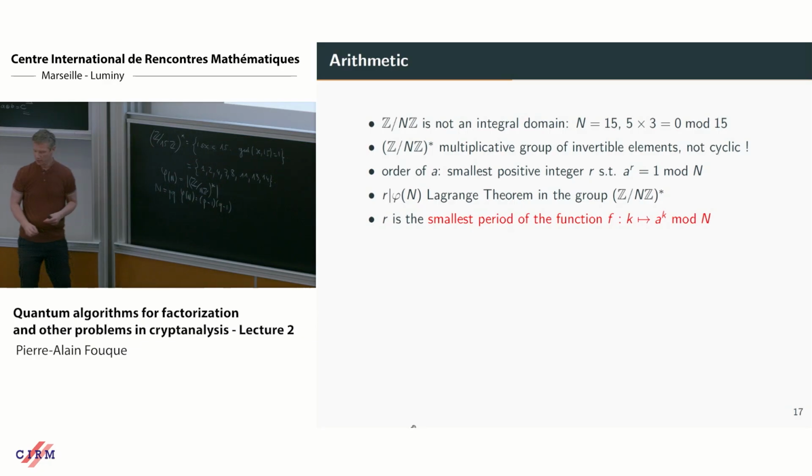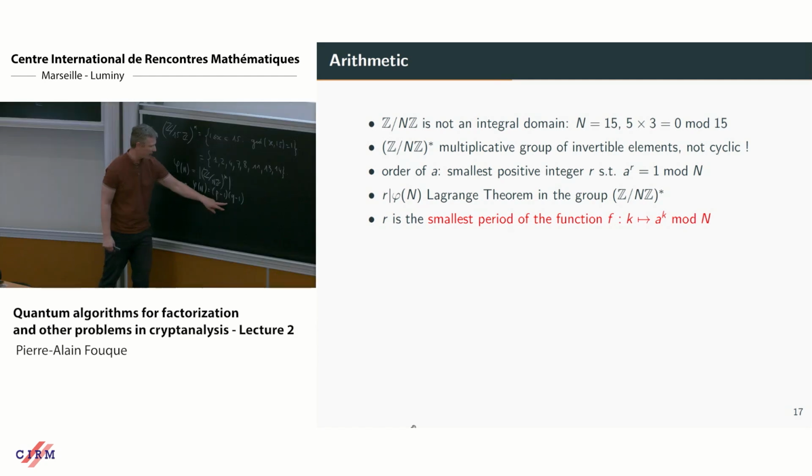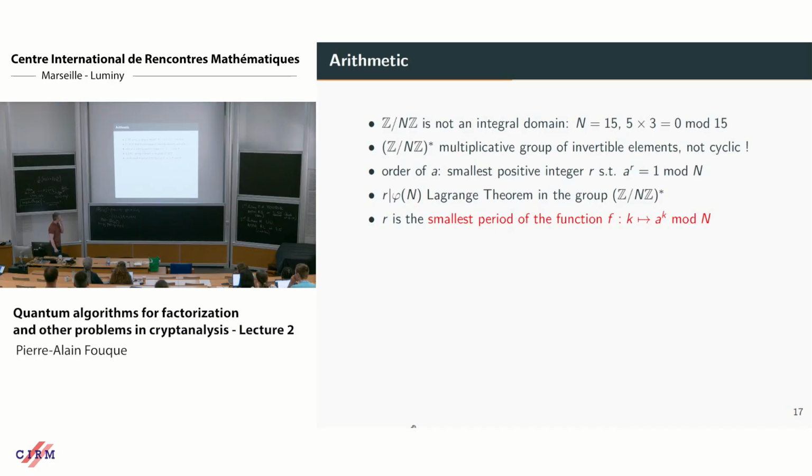You can check that the formula is correct, because with p equal to 3 and q equal to 5, we have 2 and 4, and so the number of elements is 8. So we have exactly what Euler predicts.